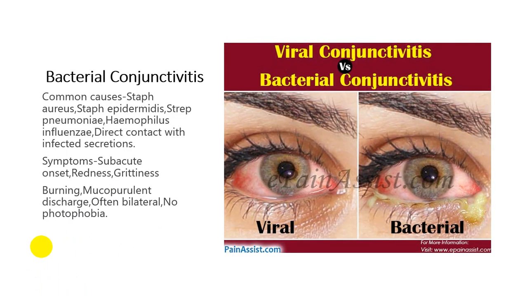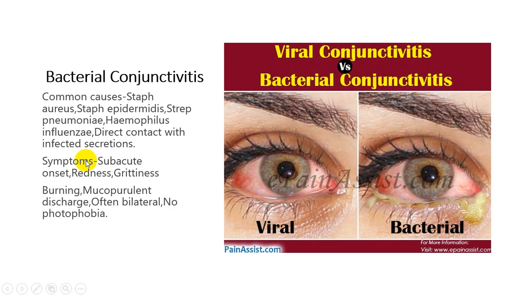And now comes bacterial conjunctivitis. You see there in bacterial conjunctivitis, there is too much mucopurulent discharge. Common causes are Staph aureus, Staph epidermidis, pneumococcus, and Haemophilus, from direct contact with infected secretions.